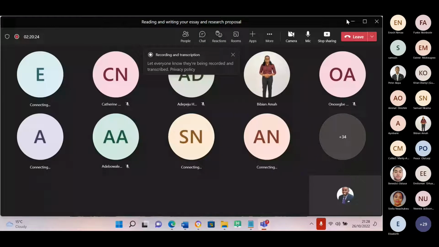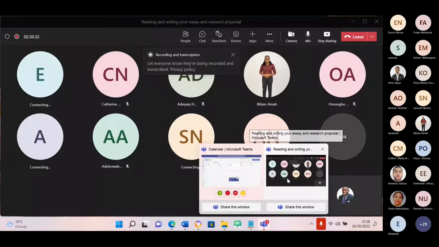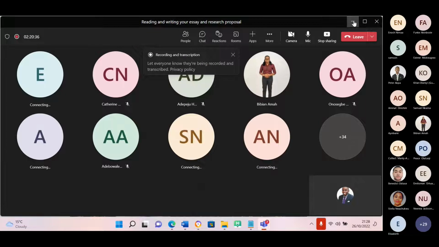Okay, so let's look at, let me bring out my PowerPoint. So now there are various stances of the author. Let me bring out my writing.